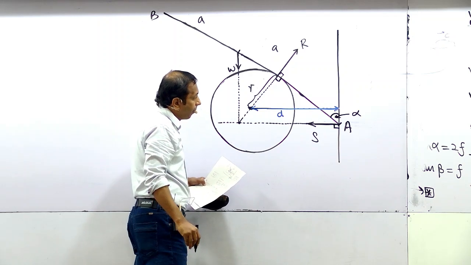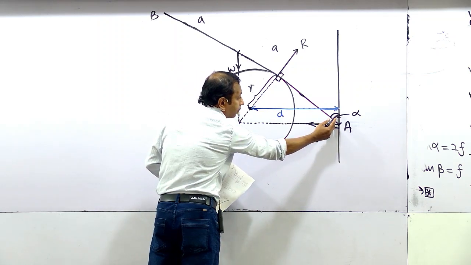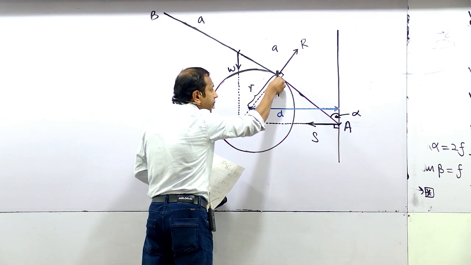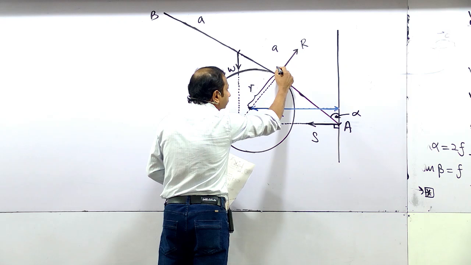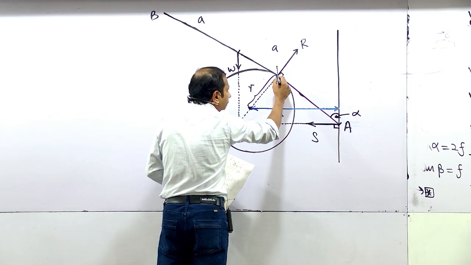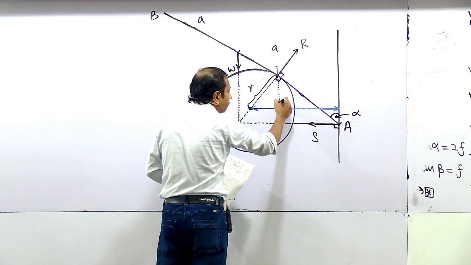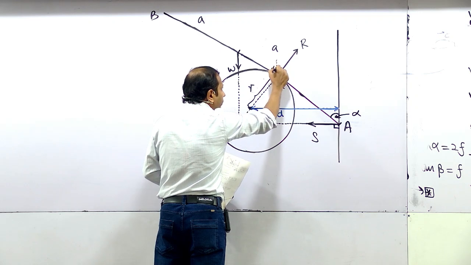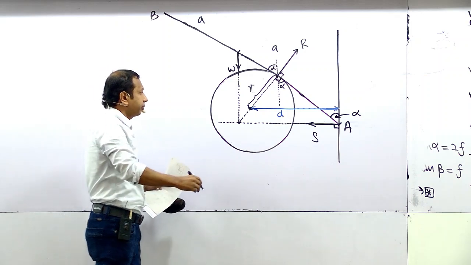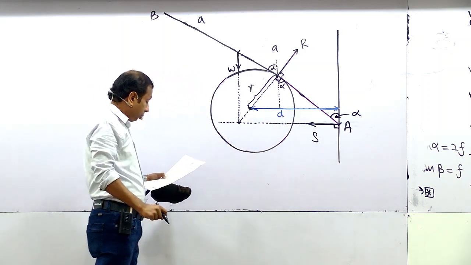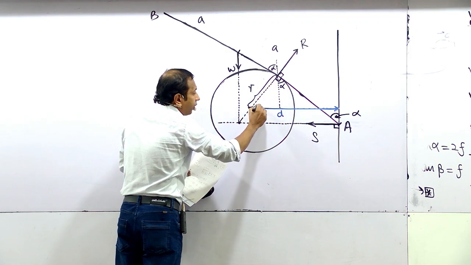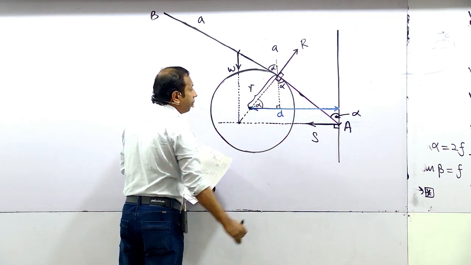If this is alpha, then when I draw a vertical line here, this is also alpha. If this is alpha, this is 90 minus alpha, and this is also therefore alpha because this is 90.